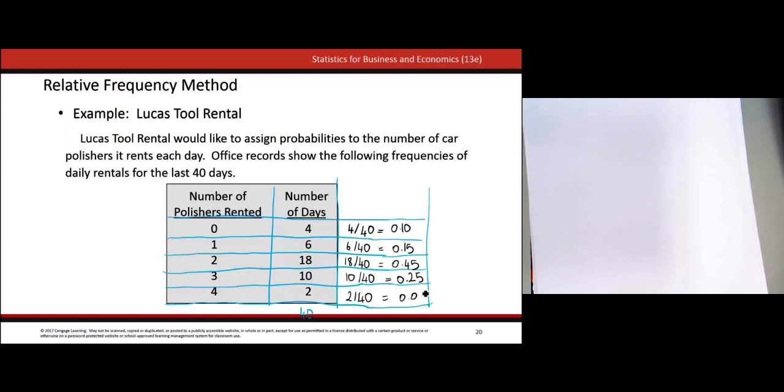And the sum must be 1, which is, sum of the probabilities for all outcomes must be 1.